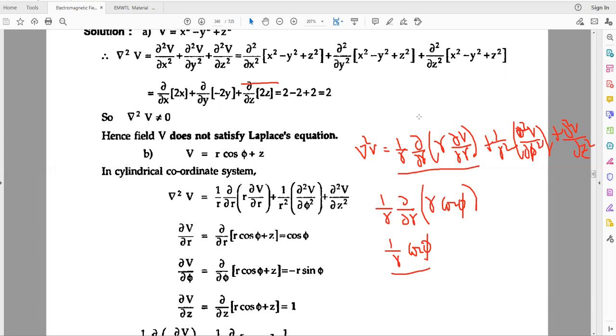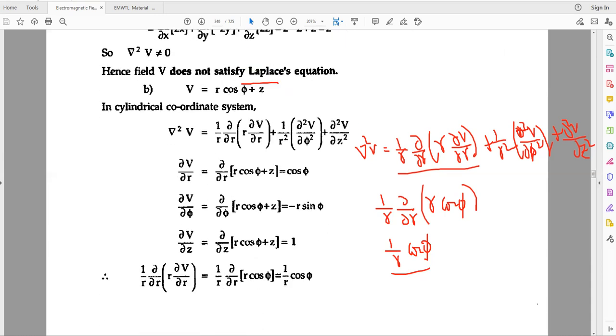This is the total first term. And here they are showing only ∂V/∂R, ∂V/∂phi, and ∂V/∂Z. ∂V/∂phi of R cos phi plus Z: Z is a constant, so 0, and R is also constant when applying with respect to phi. Cos phi gives minus sin phi, and 1. These functions, cos phi, R, minus sin phi, and 1, you can substitute in this function.